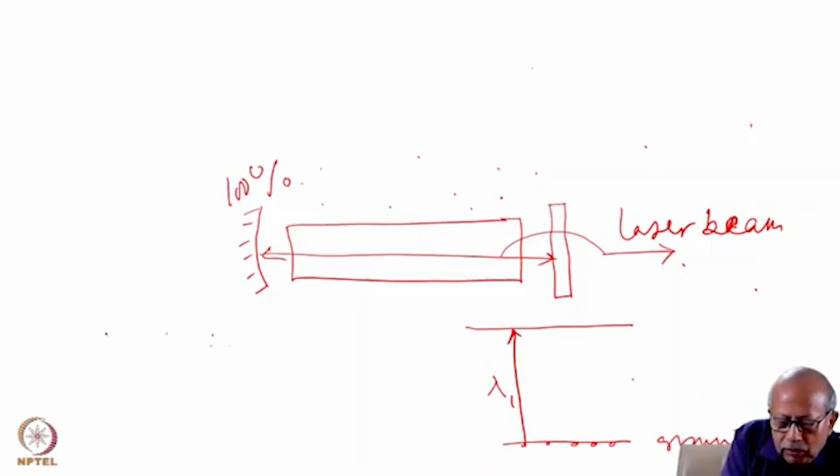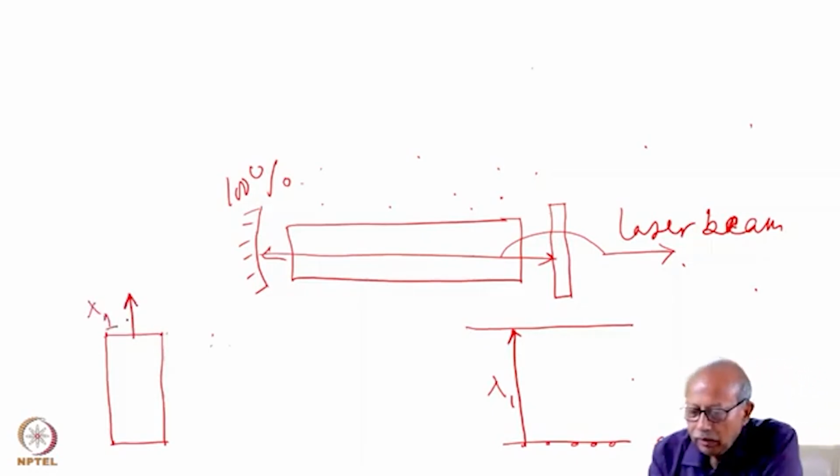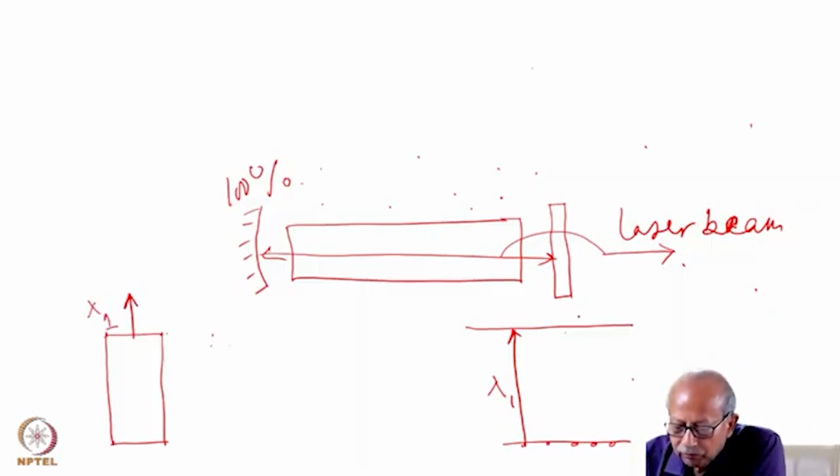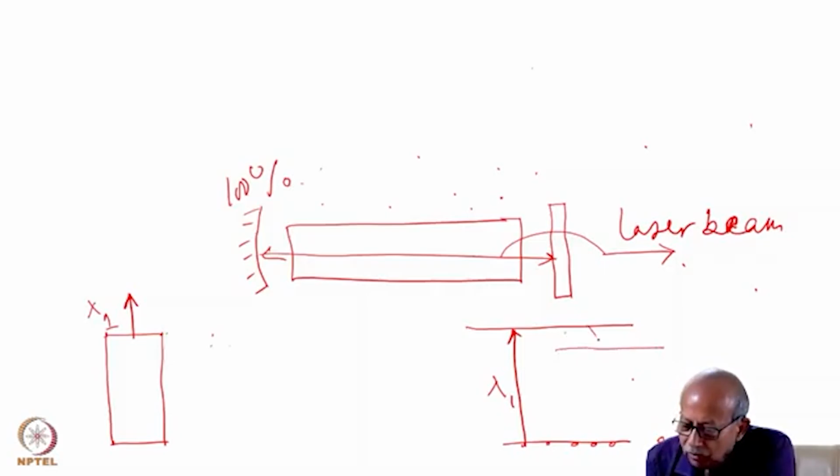So the laser that would pump it would operate at a wavelength lambda 1. Suppose this is a pump laser which would emit at wavelength lambda 1. Now once it is pumped, you know that this species would very fast relax to the upper laser level. And then suppose this is our lower laser level.